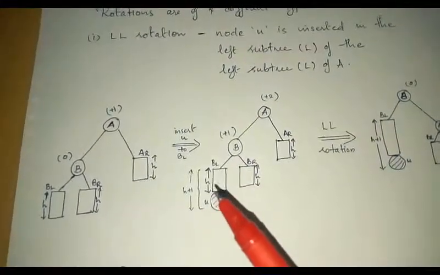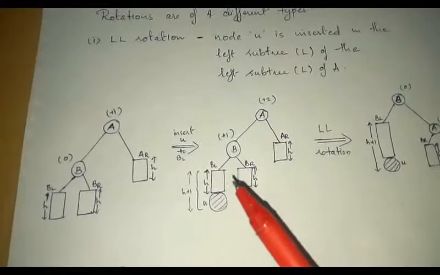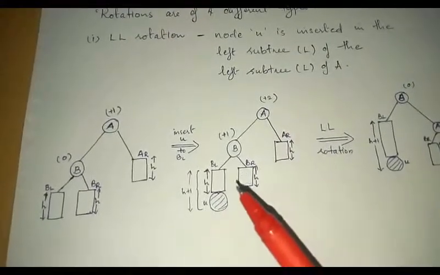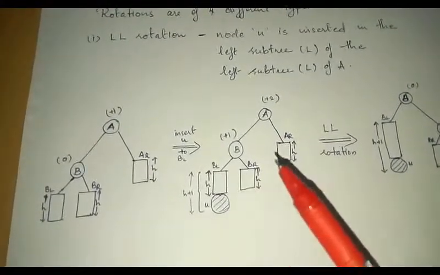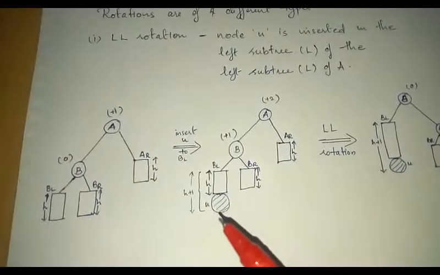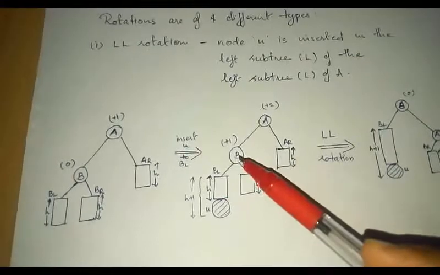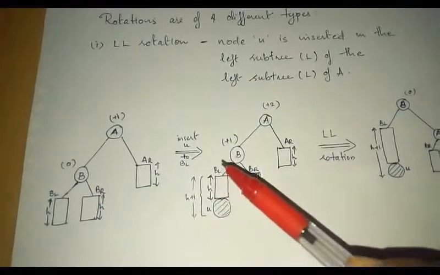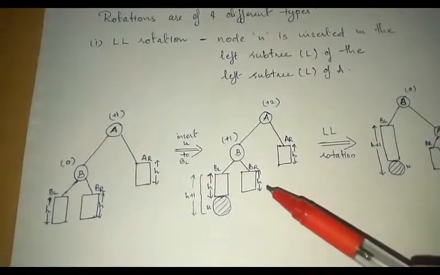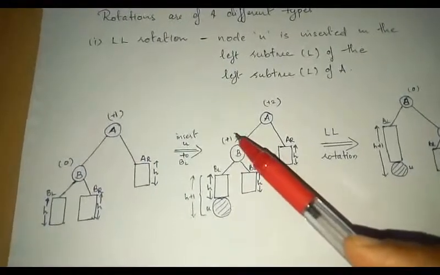So we have to check whether the balancing factors of the nodes have been changed and whether it has become unbalanced after the insertion of the new node U. Now the balancing factor of B becomes H plus 1 minus H, that is 1. That is how we get 1 here.